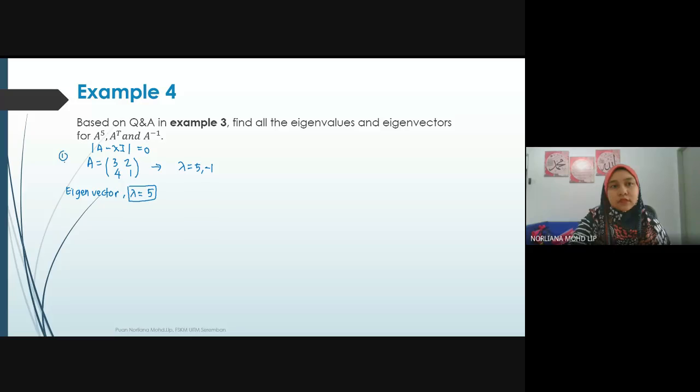To find the eigenvector, we use the equation A minus lambda I times v equal to 0.